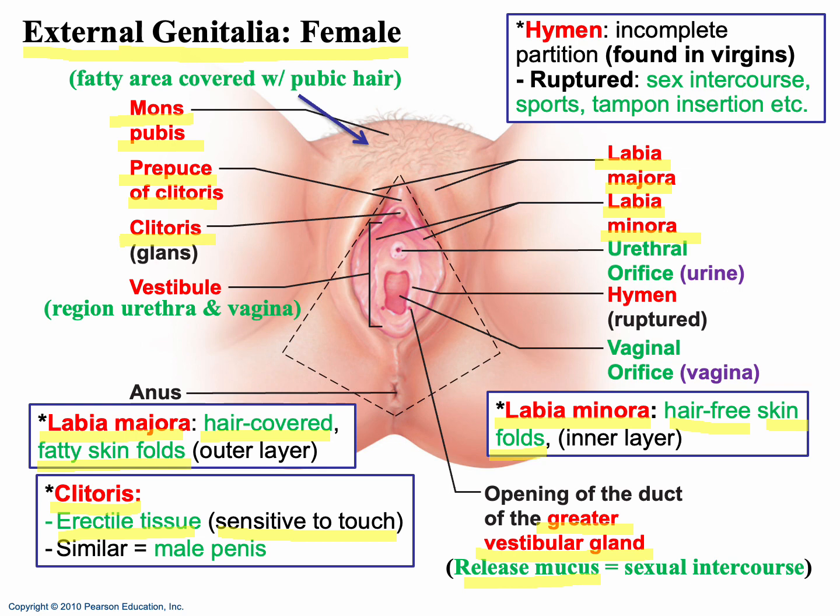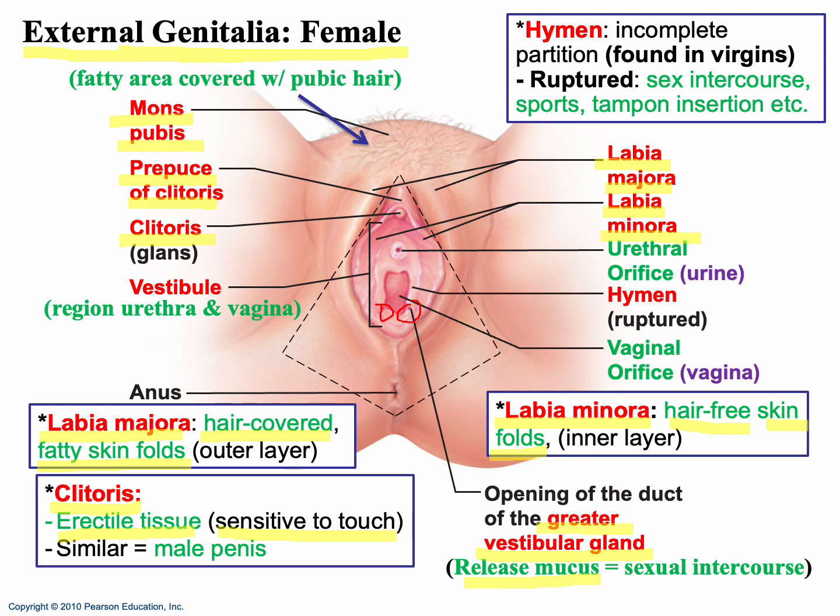During the sexual experience, there's a significant increase in release of mucus around the vagina, and this is very important for lubrication of the penis during vaginal sex. So that's the importance of the greater vestibular gland, and it would be right here and right here, very close to the opening of the vagina.